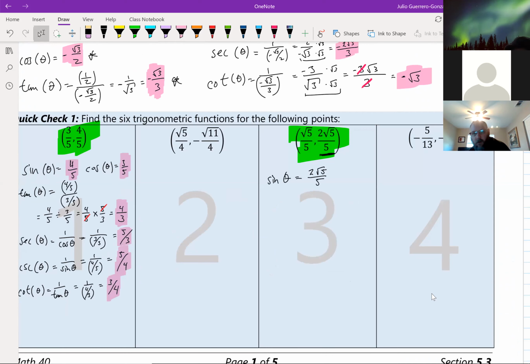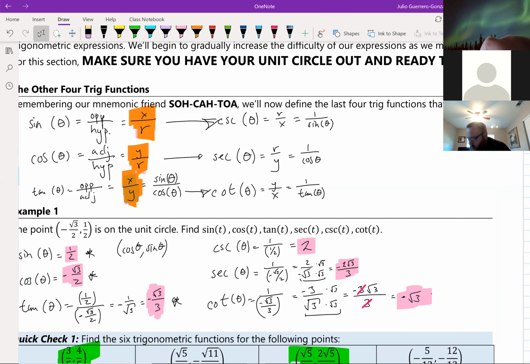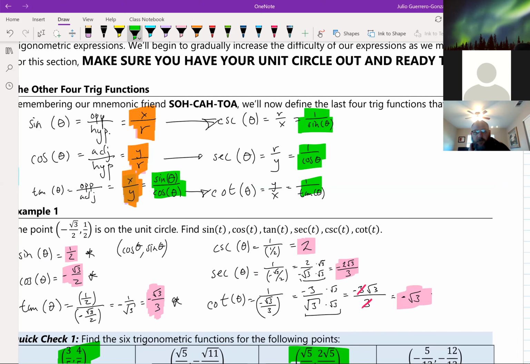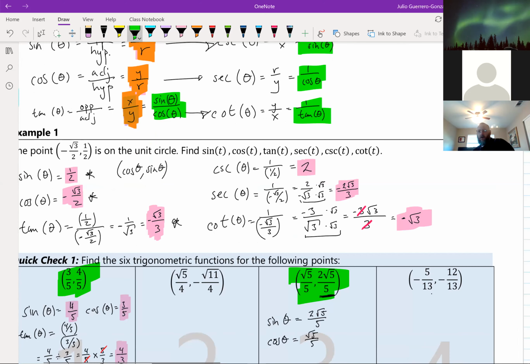And then cosine of that is root 5 over 5. So at this point is where we use these definitions right here, here, and here to do the rest of these.